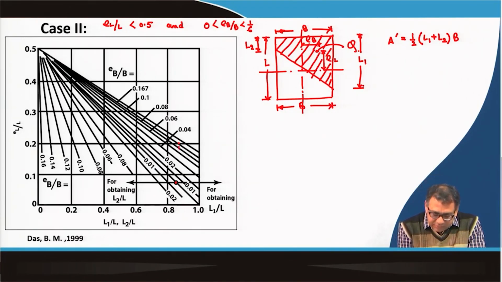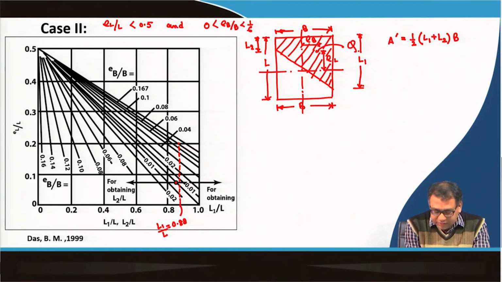I will get this value as 0.9, so around 0.88. As I am going towards the right side direction, this will give me L 1 by L.